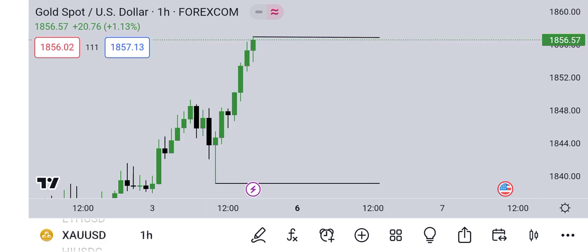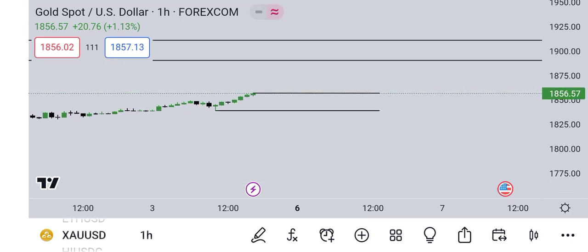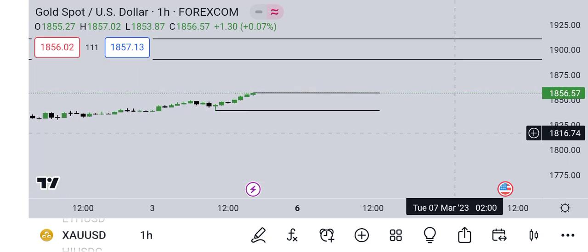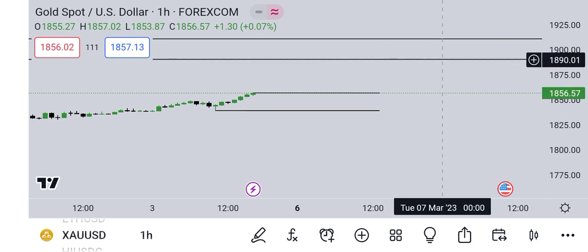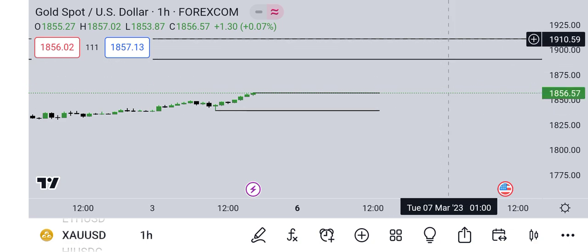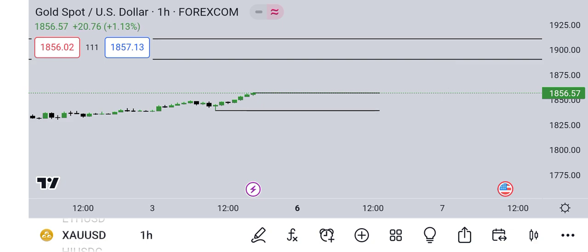One has to be careful with gold because of the way it moves. So the question will be, where would I expect the market to retrace to before we see a rally into that 1890 to 1910?